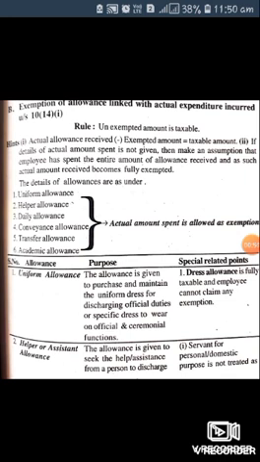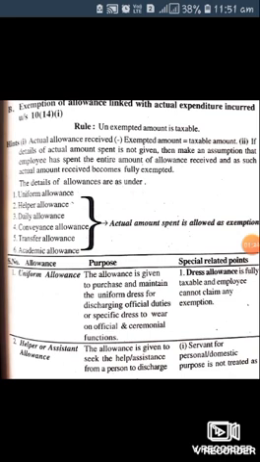If the details of the actual amount spent are not given, then assume that the employee spent the entire amount of allowance received, and so the actual amount received becomes fully exempted. So if there is no information about how much is spent and how much is remaining, then we have to treat the total amount as spent by the employee.